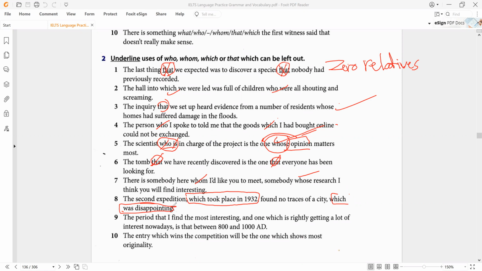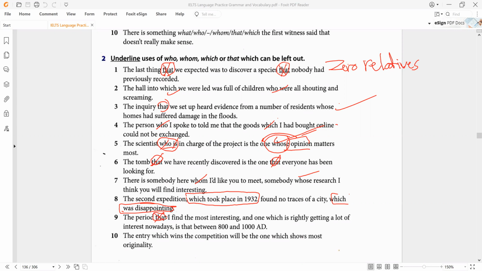Number 9. The period that I find the most interesting, and one which is rightly getting a lot of interest nowadays, is between 800 and 1000 AD. The first one we can delete. So we can delete the first one. Yes.